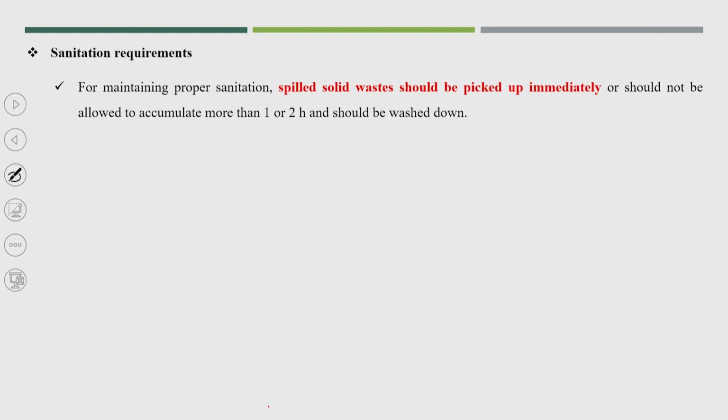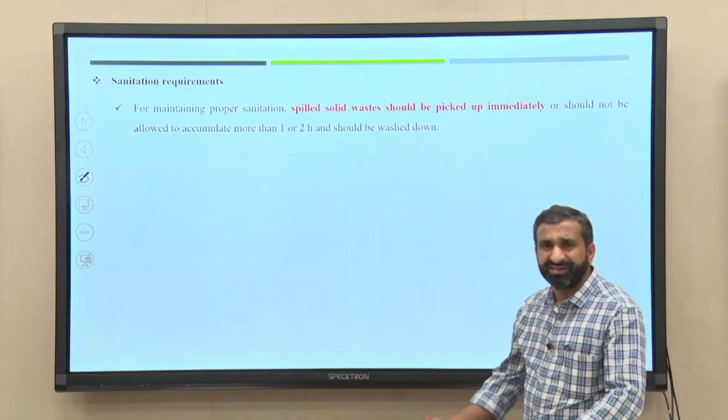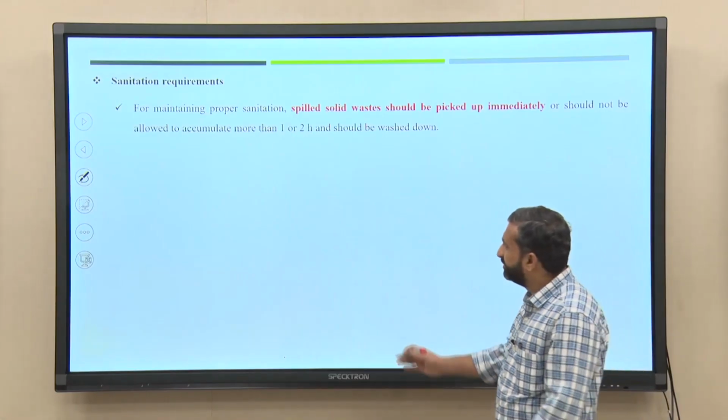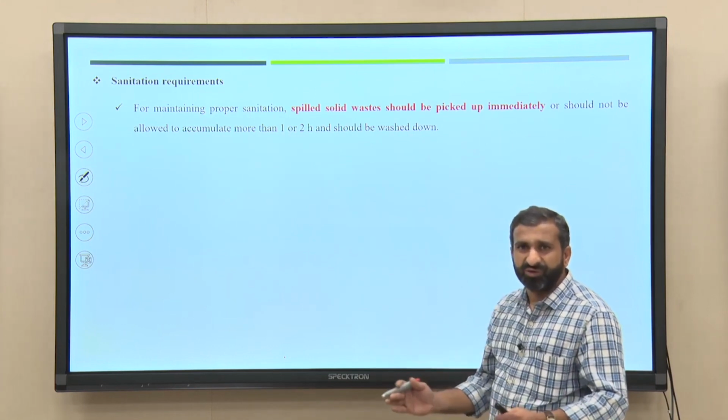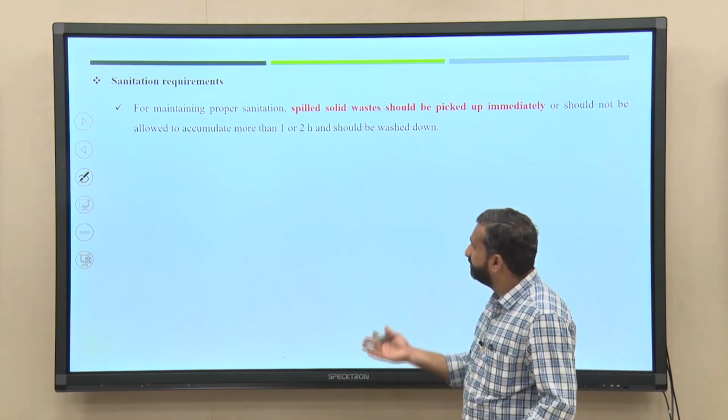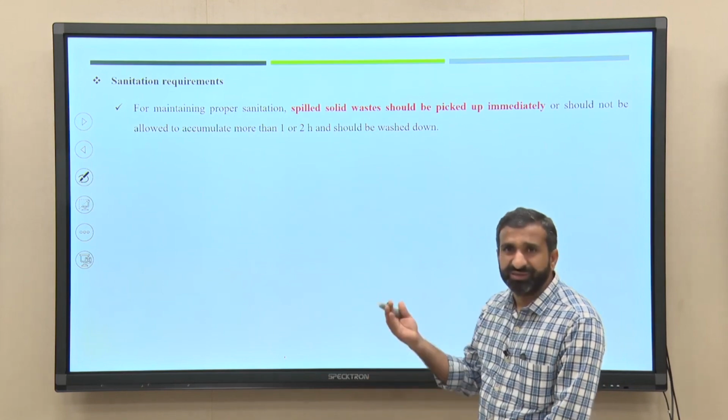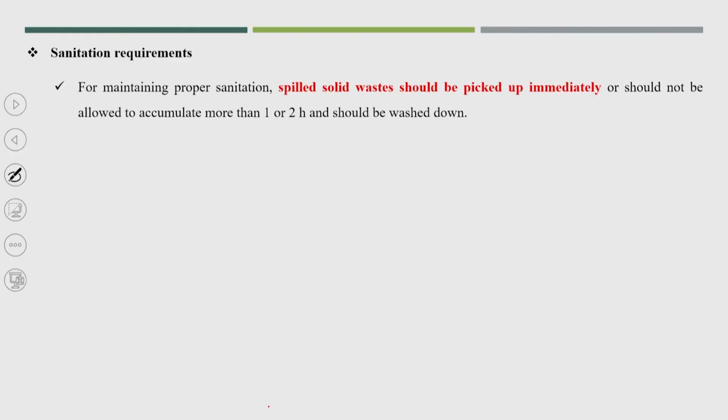So, there should not be any spilling of waste in different locations, and wherever the waste is spilled or accumulated, it has to be hauled or cleaned within 1 to 2 hours, otherwise the odor issue will come up. From time to time, proper cleaning is also required in the transfer stations.